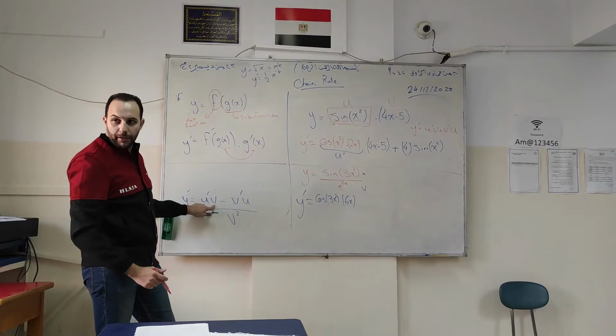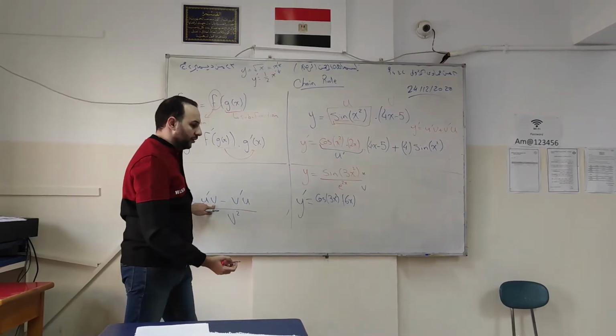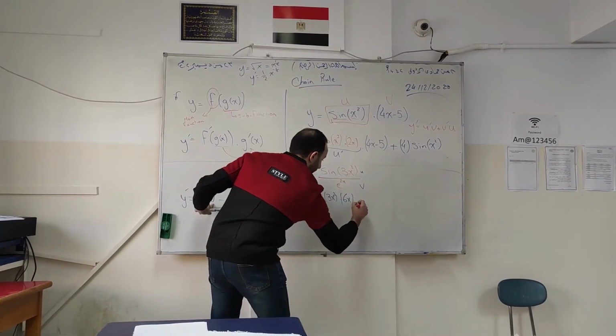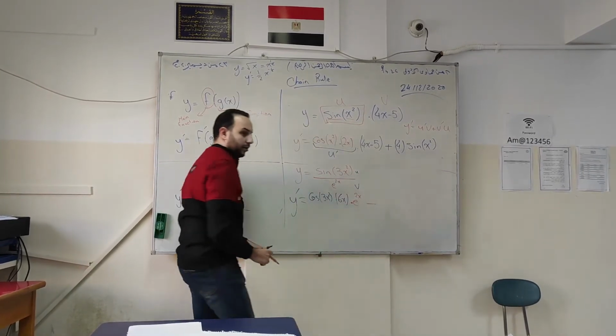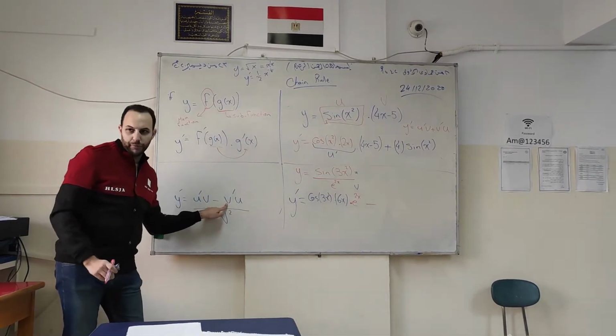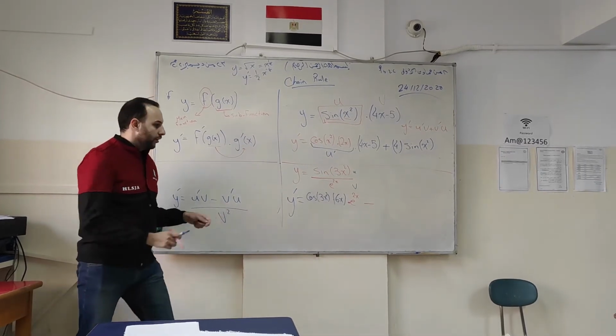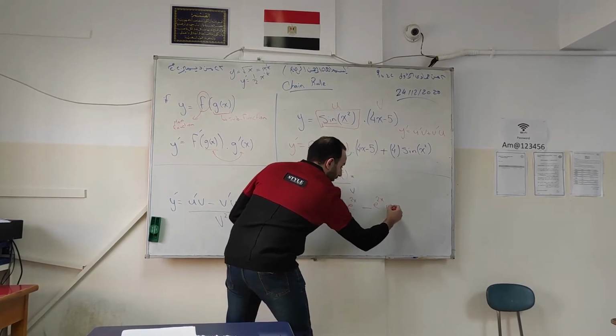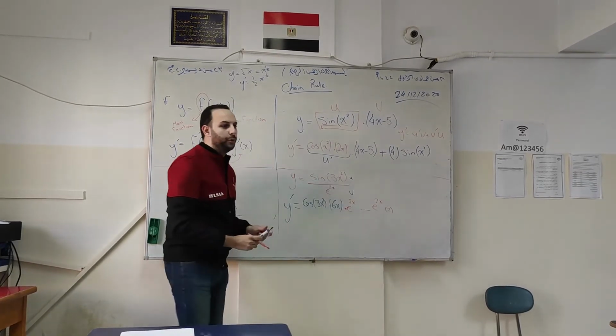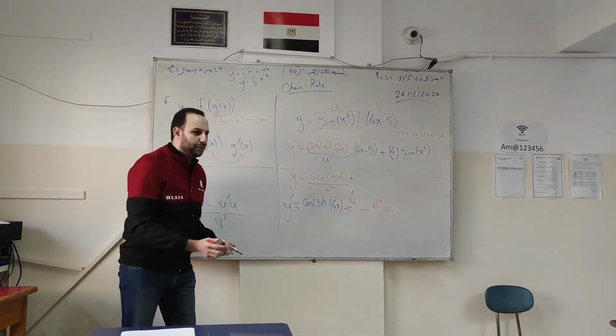Then I'm going to multiply by v. Where's v? e power 2x. Okay? And then minus. Now I want to differentiate v. e power 2x. Very good. e power 2x times 2. Why times 2?